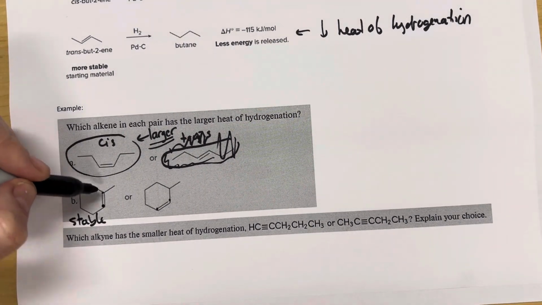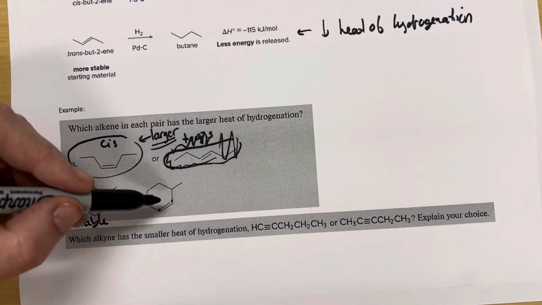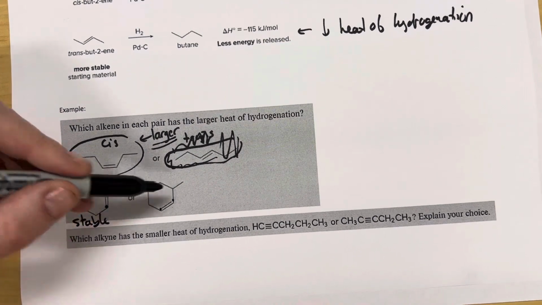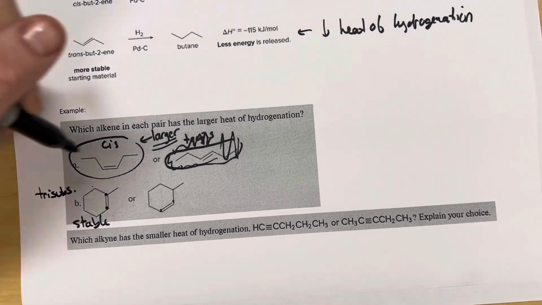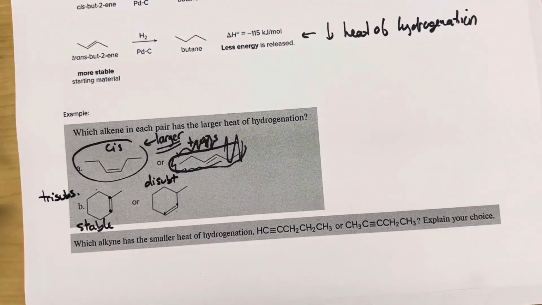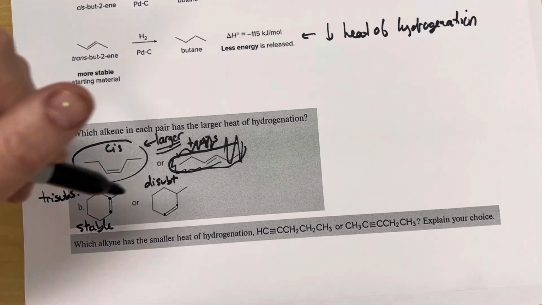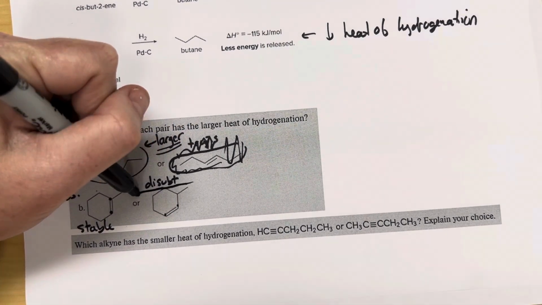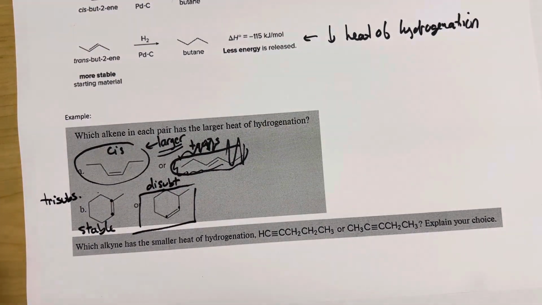If you remember, when you're looking at either end of the double bond, this has 1, 2, 3 things on it, and this one over here only has 1, 2. So this is a tri-substituted double bond, and this is a di-substituted. The tri-substituted is definitely going to be more stable, and because of that, it will have the lower heat of hydrogenation. That would have the larger heat of hydrogenation. So the more stable thing will always be lower in energy and take less heat for hydrogenation.